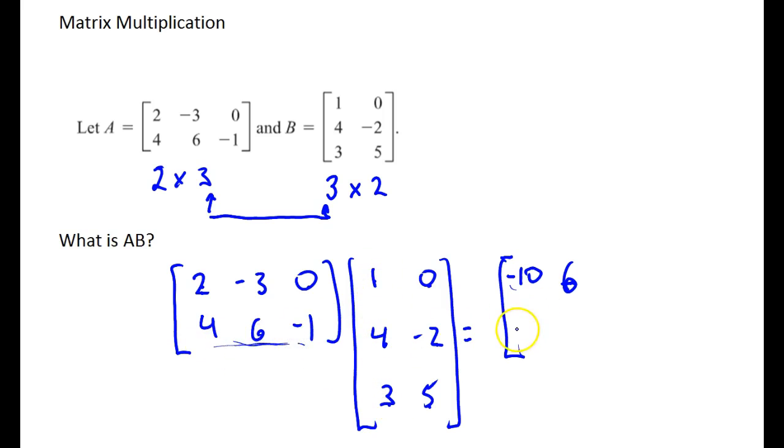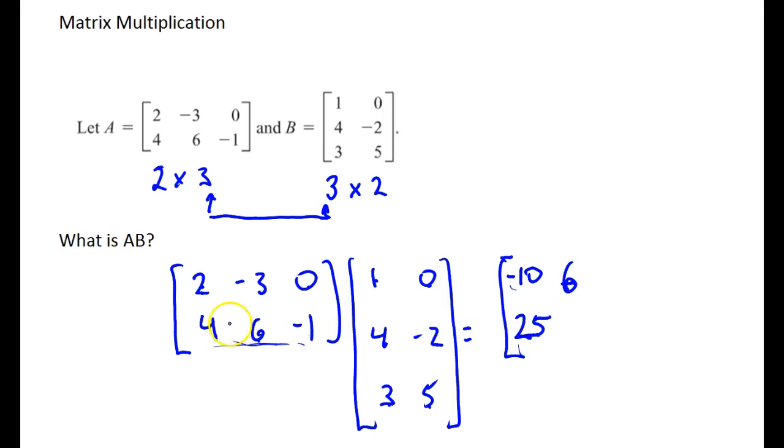Second row, first column will go into the second row, first column spot in our product right here. So 4 times 1 is 4, plus 6 times 4, that's 24. So I have 4 plus 24 is 28, plus negative 1 times 3. So that's 28 plus negative 3 is 25.